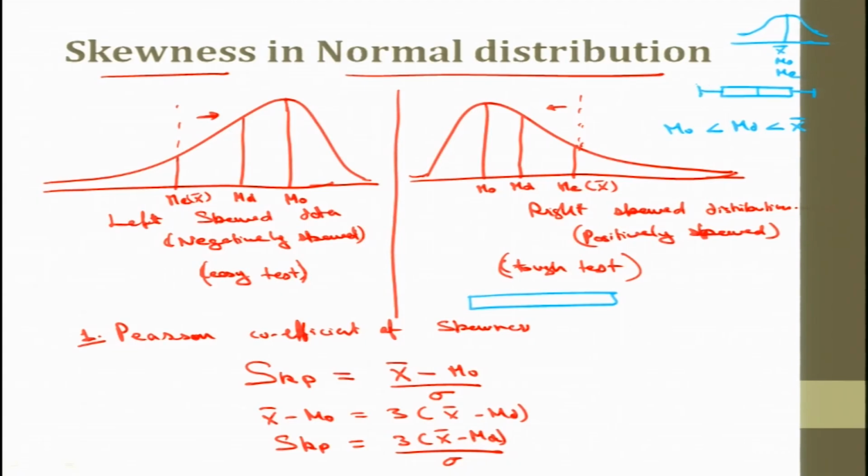So this is my Q1, quartile 1, quartile 2 and quartile 3. But in this case, because mode is less than median is less than x bar, we can see that most of the data would be lying towards the right side. Okay. So, here it will be somewhat like this.